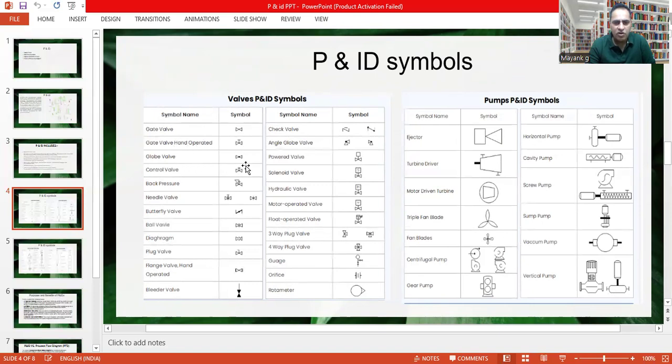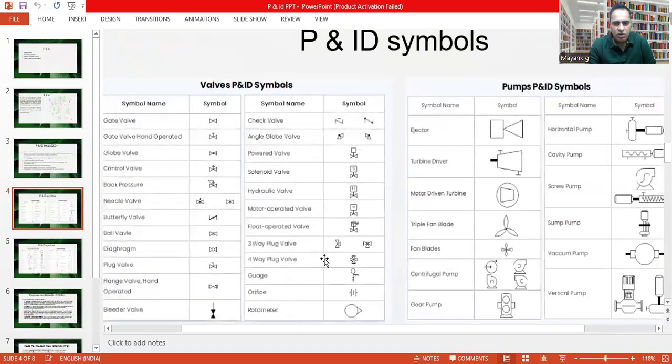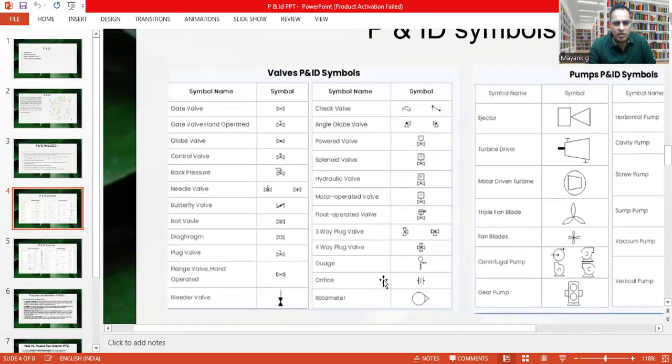Then we have this globe valve, control valve, back pressure valves, then we have needle valves, butterfly valves. I can just zoom it out so that you can see it more clearly. Then we have these ball valves, plug valves, bleed valves, check valves, and hydraulic valves.